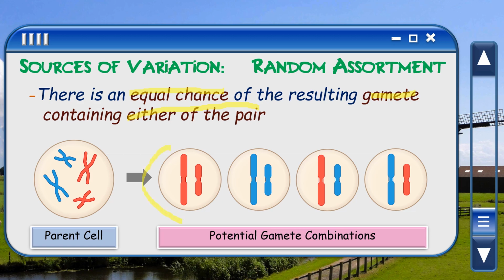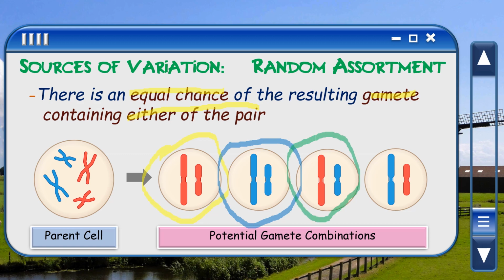The red can go with the red, the blue can go with the blue, and still the red can go with the blue, or the blue can go with the red. So there is that equal chance of the resulting gametes containing either of the pair.